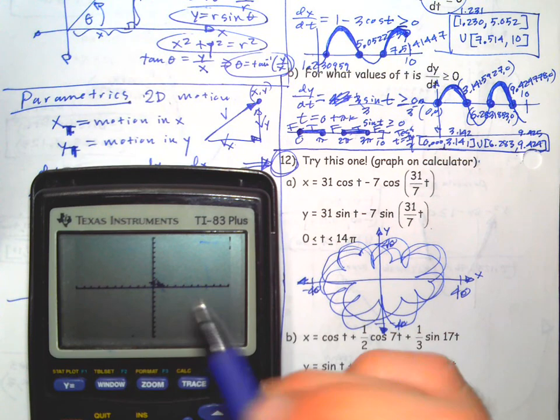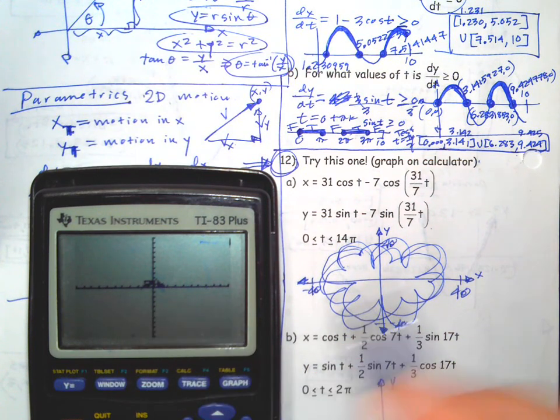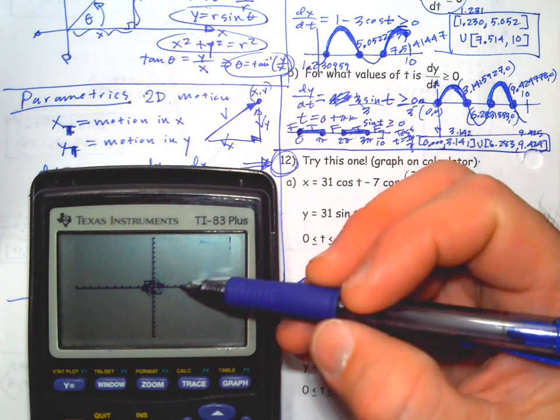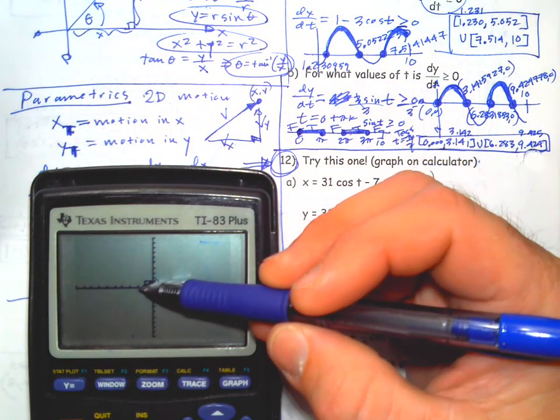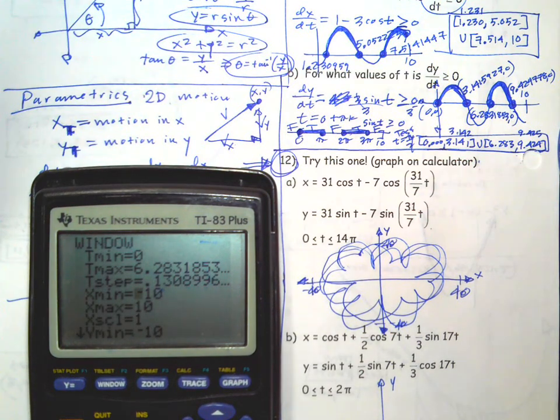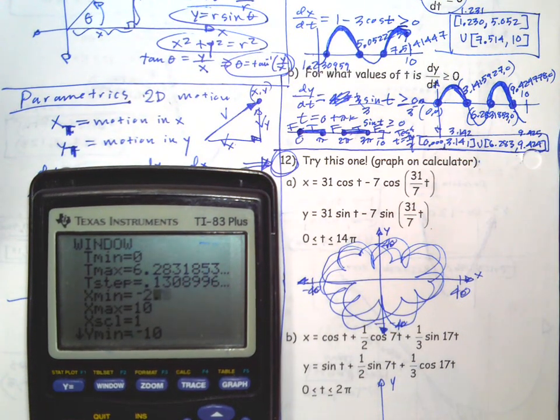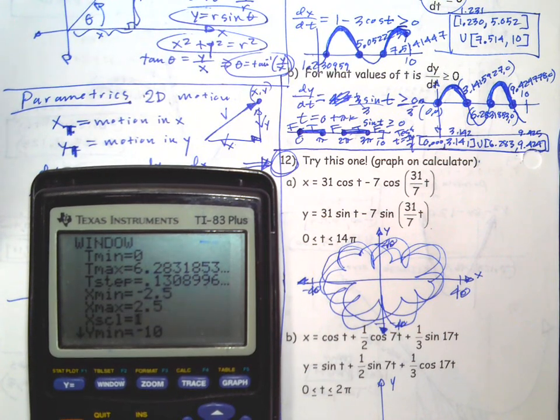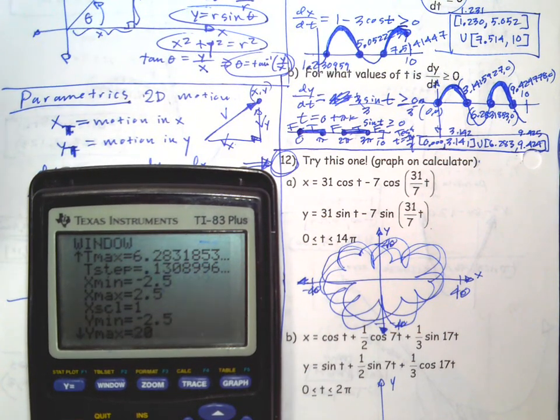You can see something happening. It's actually all right there. So I think we want to go like -3 to 3, -3 to 3. Or even like -2.5 to 2.5, -2.5, 2.5.